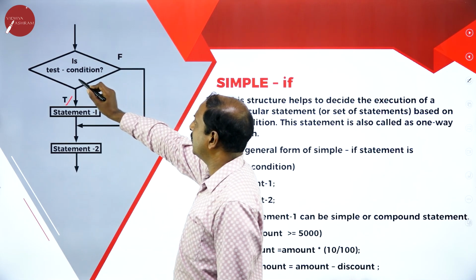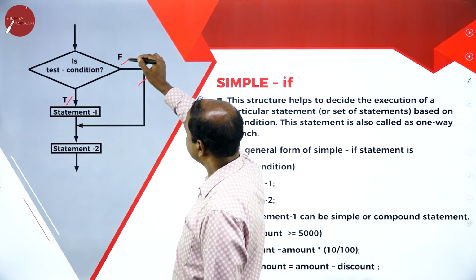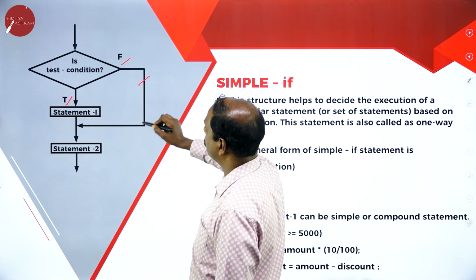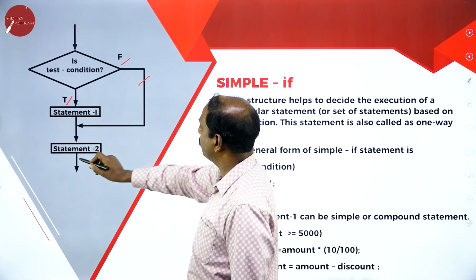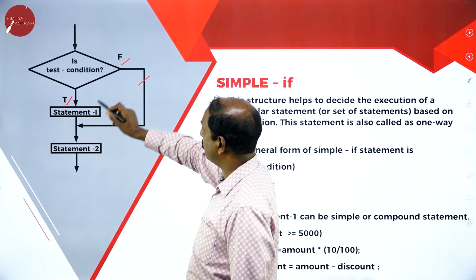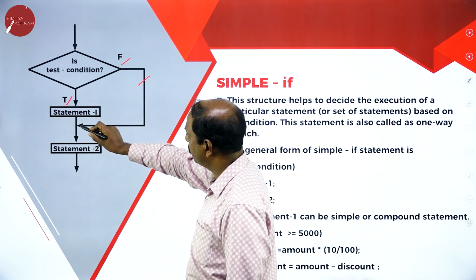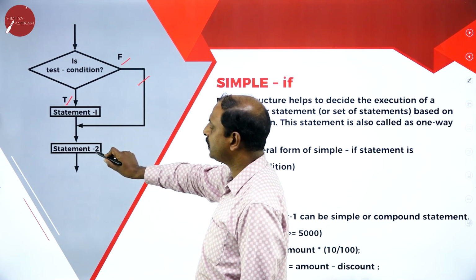Suppose the condition fails or is false, then it is going to execute statement 2. Now you can see this is a flow chart, and you can see the arrow mark here. So if the condition fails, it comes to this point, so it is executing statement number 2.